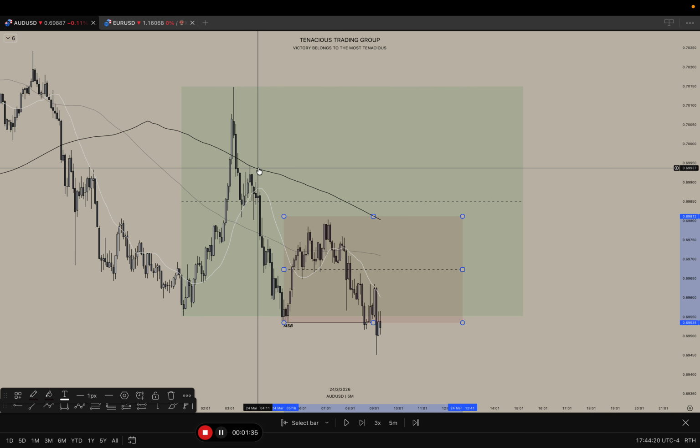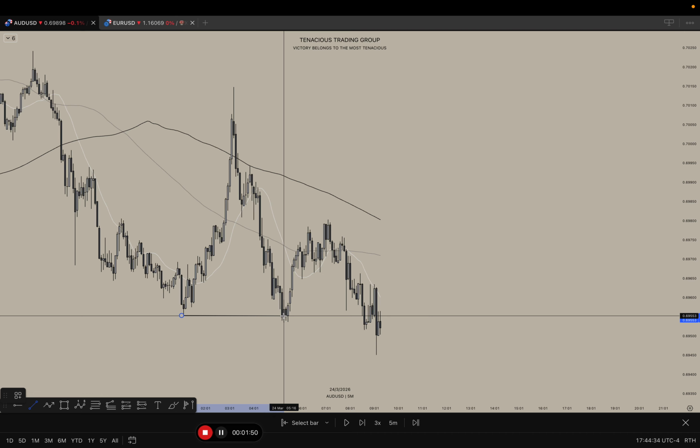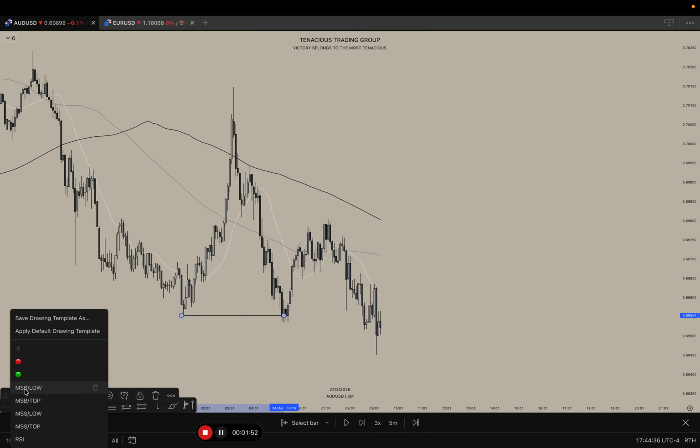So if we just clear the charts one more time, so we are now working with this MSB, and then within this MSB, if we let price play out, because sometimes we do respect these zones. Okay, so perfect.